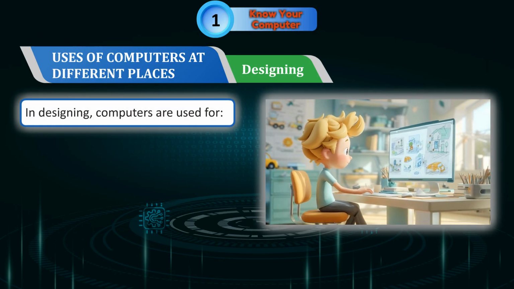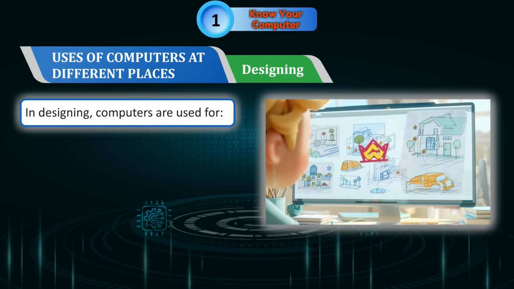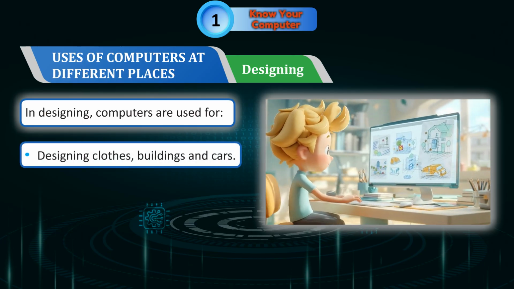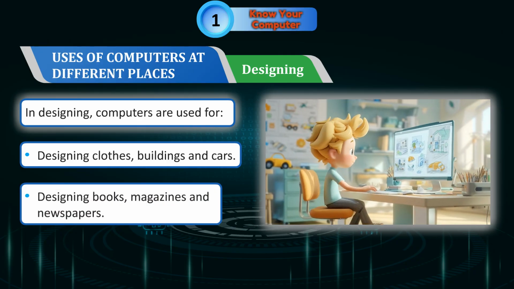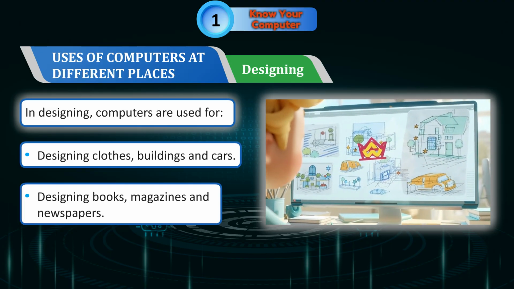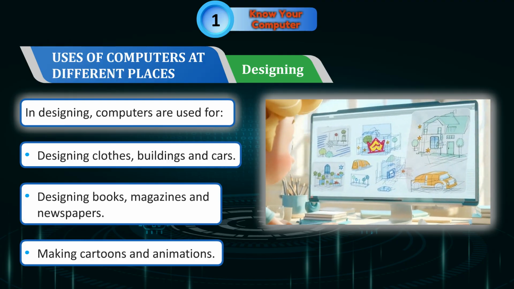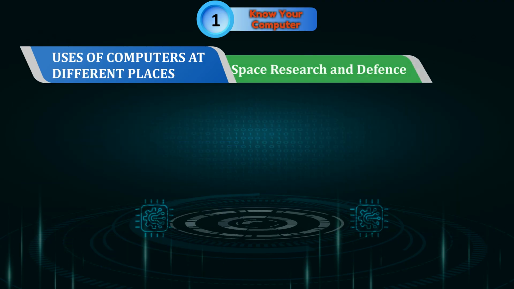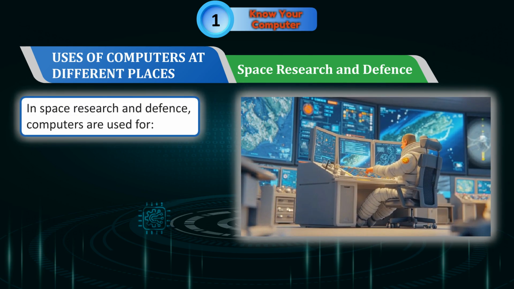Designing. In designing, computers are used for designing clothes, buildings, and cars, designing books, magazines, and newspapers, making cartoons and animations. Space research and defense.